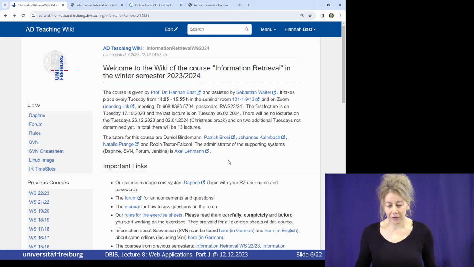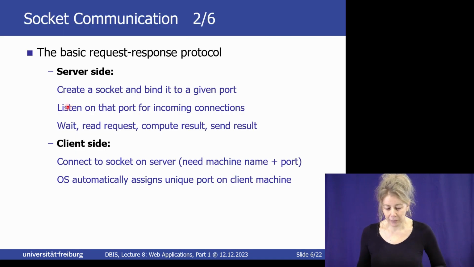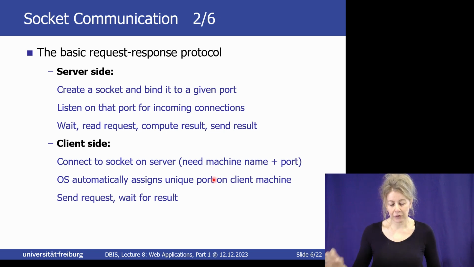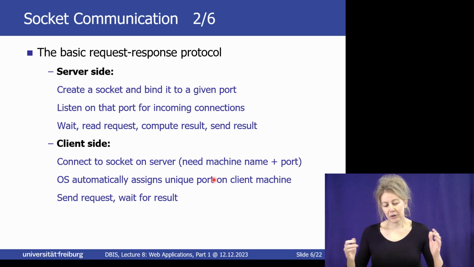If this web server calls someone, it doesn't have to say which. It is not important which port. It just needs to tell the server the port. And this is somehow done by the operating system. We will see that in a second. Then it sends its request, waits for the result from the server, and does something with it.